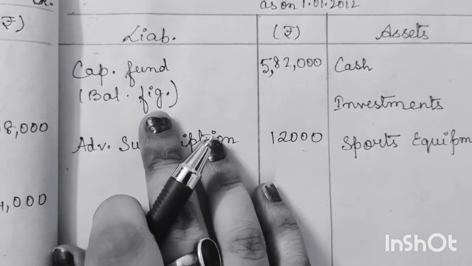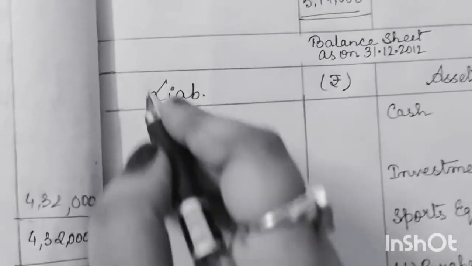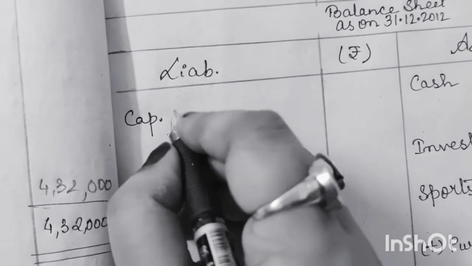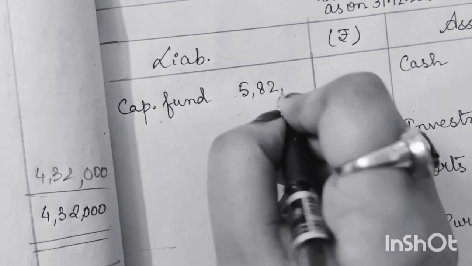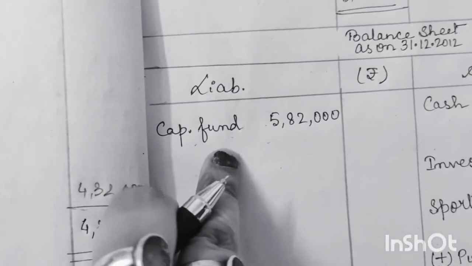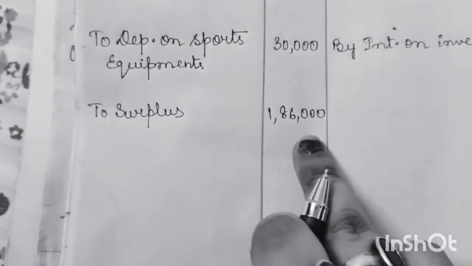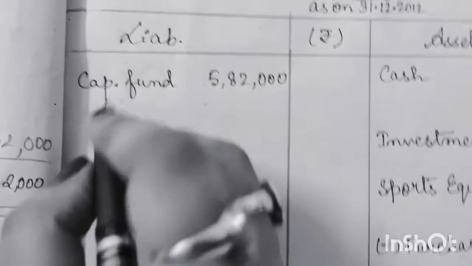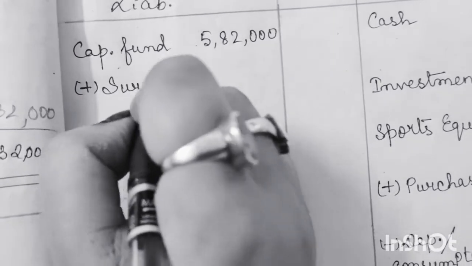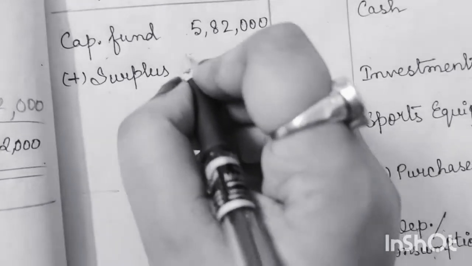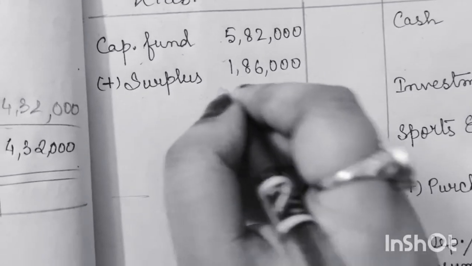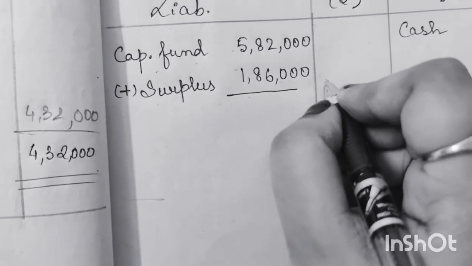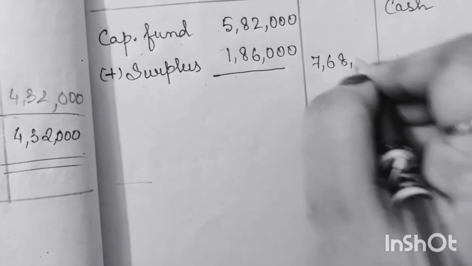Now the value of the capital fund will be brought forward in the closing balance sheet. So we'll write here capital fund 5,82,000. Along with this capital fund we will add the surplus. The surplus is 1,86,000. So now the total will be 7,68,000.